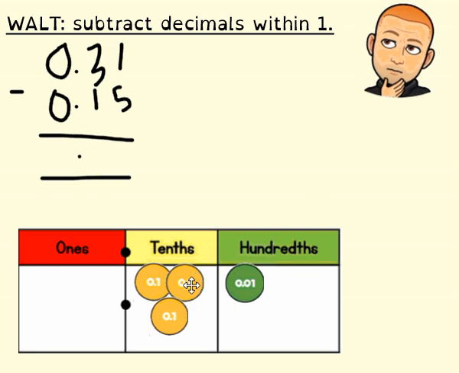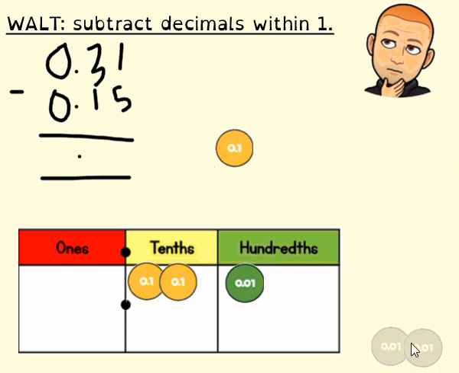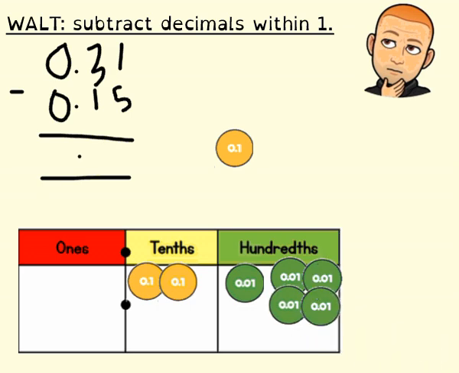If you think about that 100 square that we looked at during the tenths lesson, 1/10, one row of 10 squares, is the same as 10/100. So I'm going to exchange that 1/10 for 10/100 because these are both the same. 2, 4, 6, 8, 10, just about squeezed in.